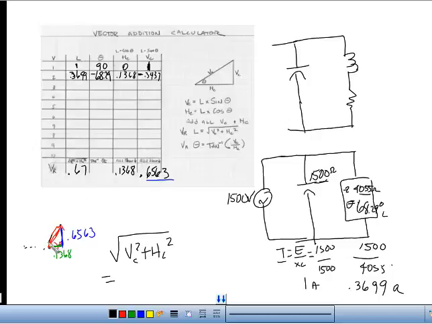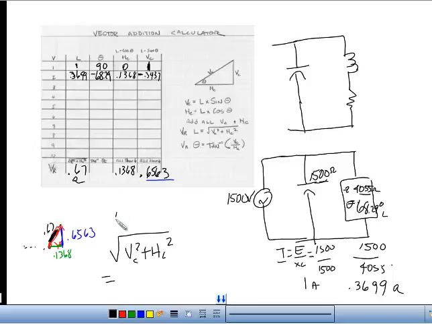The length of this red vector here is 0.67, and it's net capacitive. It ends up being capacitive with a leading power factor and not inductive. It's 0.67 amps right now. And the phase angle is, let's see, we know the opposite and the adjacent, so you can use the tangent.